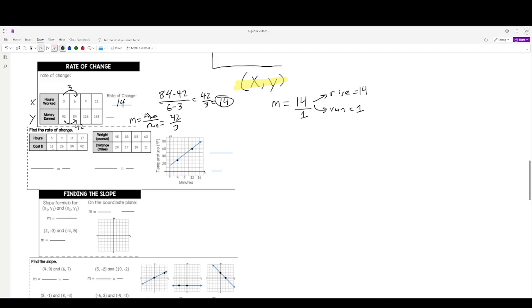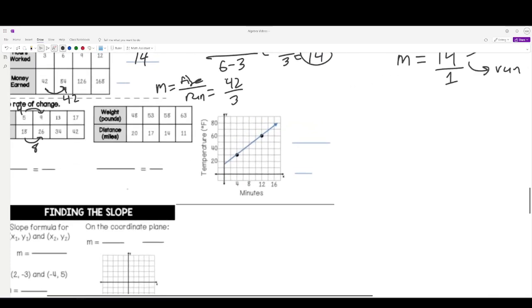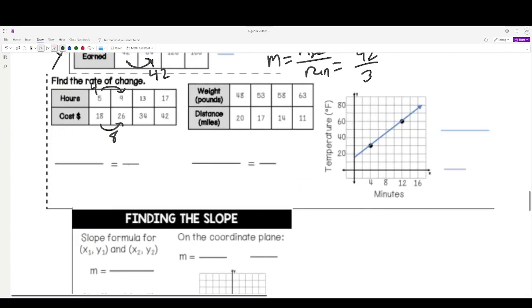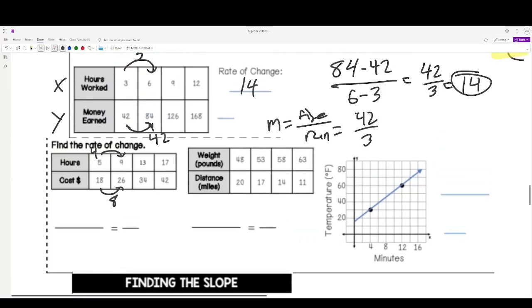All right, so there's 2 more tables and a graph here. So let's do one of the tables and the graph. So my rate of change, my run is 4, my rise is 8. Oh, I should have zoomed back in since we got out of the warm-up part. So I have 4 and 8.